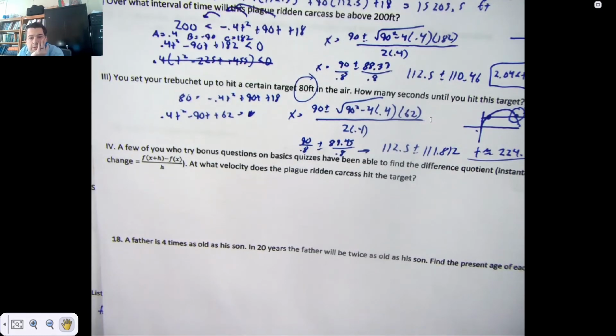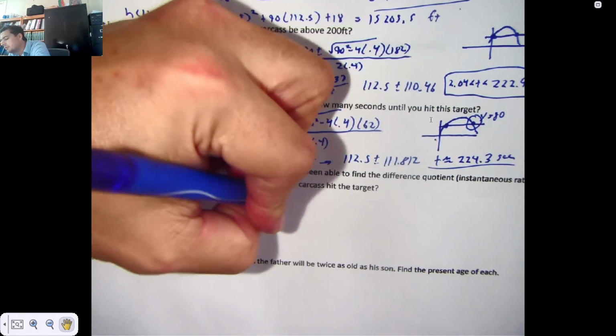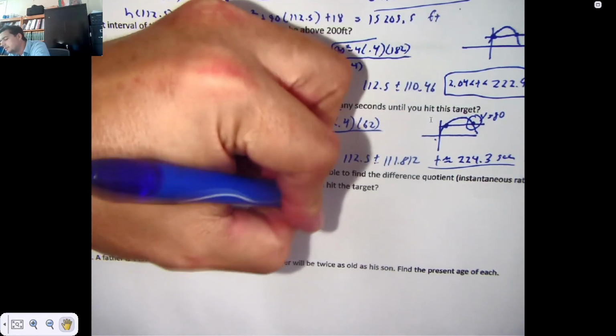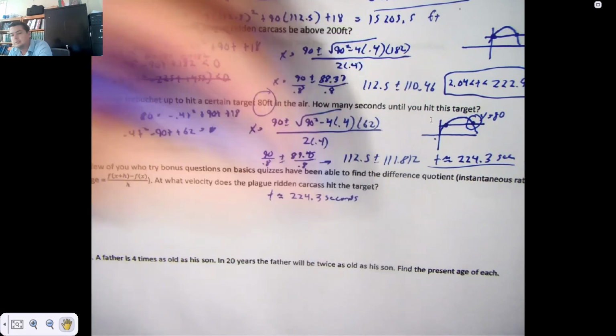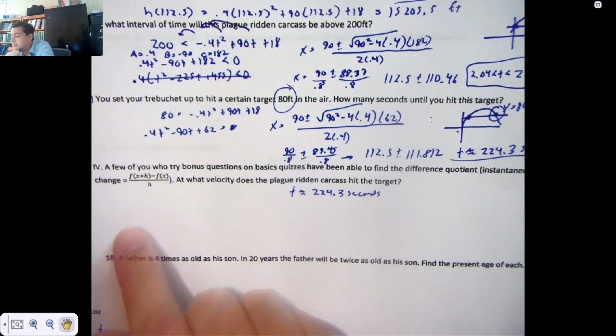Let's see here. At what velocity does the plague-ridden carcass hit the target? Here's what I know. I know the time is roughly 224.3 seconds. Okay, that was the target. I'm going to have to find f of x plus h minus f of x all over h.